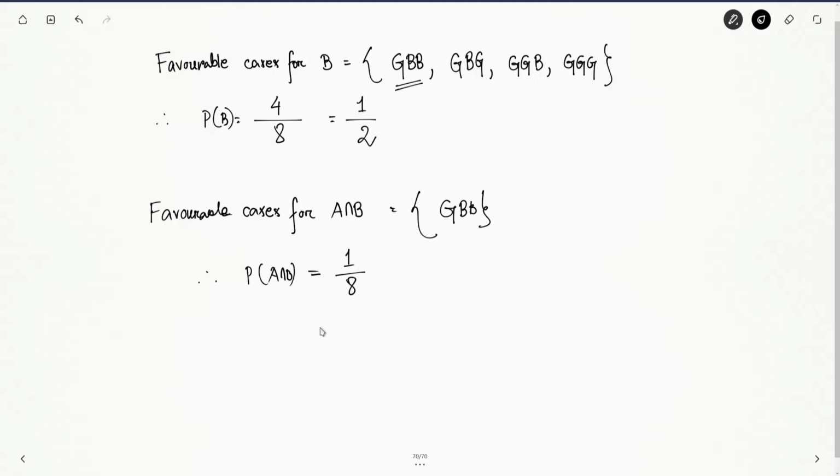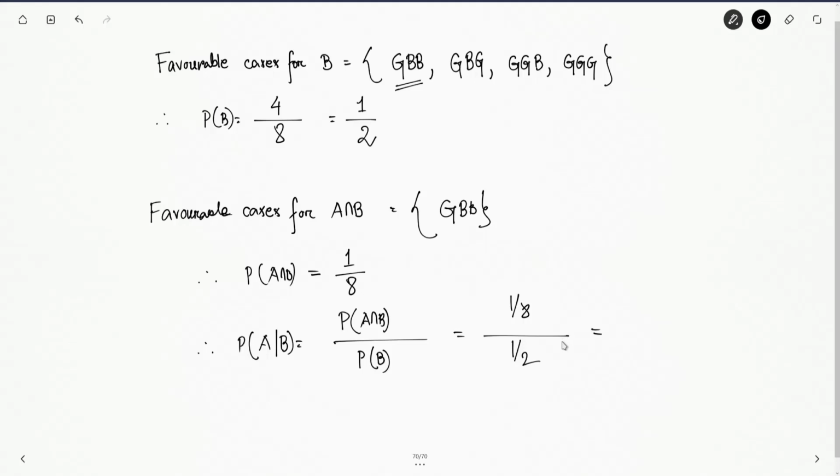So the result will be, therefore, probability of A given B is equal to probability of A intersection B divided by probability of B, which is equal to 1 by 8 divided by 1 by 2, right?